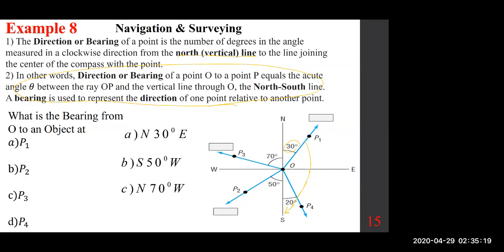It makes a 70-degree angle, and it's on the left side, so it's west. Finally, P sub 4. What would be the answer for P sub 4, everybody? Anybody want to share with us? South 20 degrees east. Very good. So south 20 degrees east.